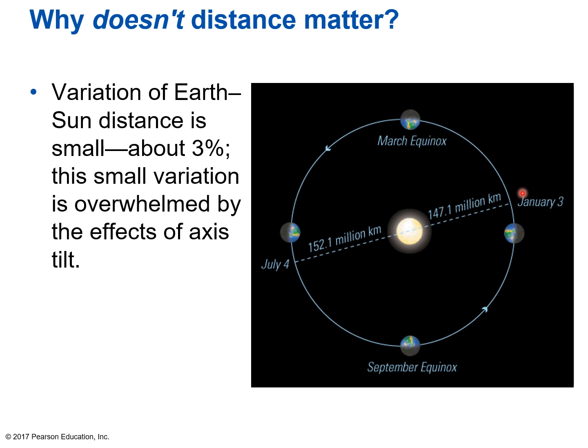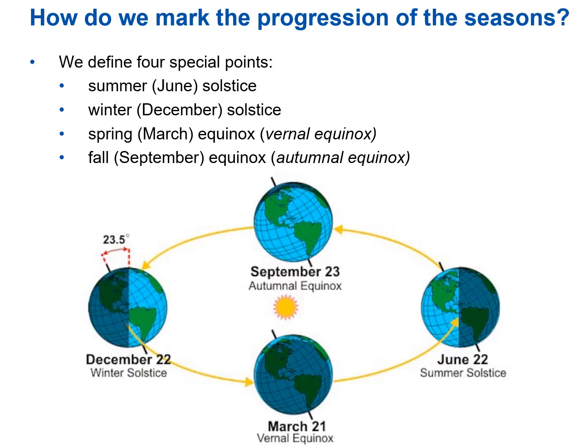It varies between 152 million kilometers and 147 million kilometers. That's only about a 3% variation. Such a variation would not be enough to cause such drastic changes in seasons. What's much more having an effect is the tilt of the axis.